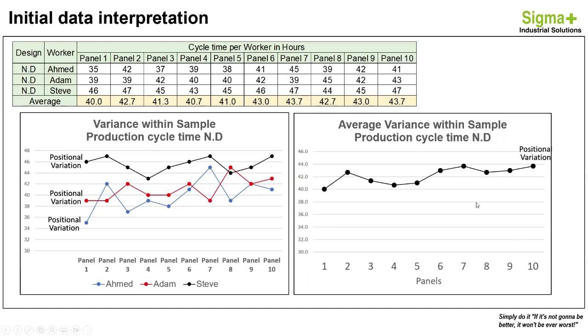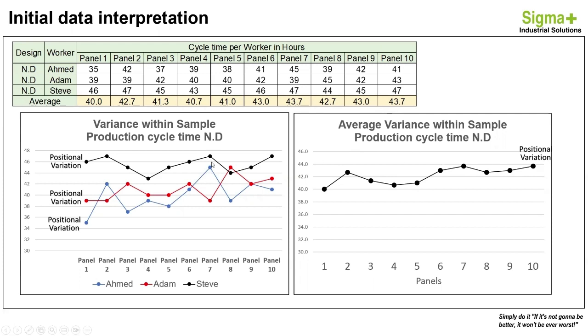Okay, the right figure here is the plot where we take the average performance of all the technicians for each panel. The yellow line is plotted in that graph and also shows the within variation of the team as one team, so that also shows us an internal variation.